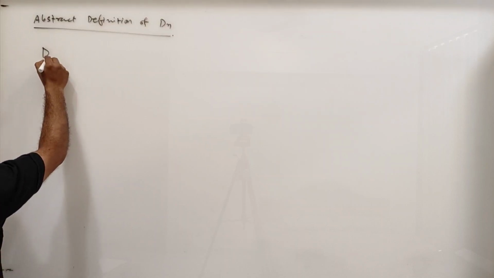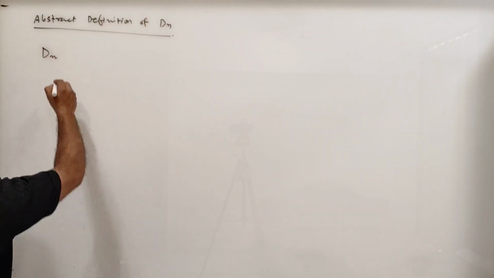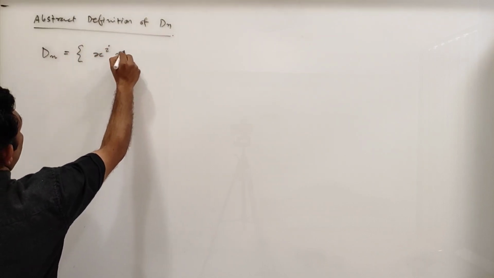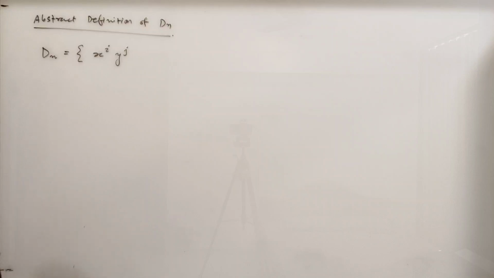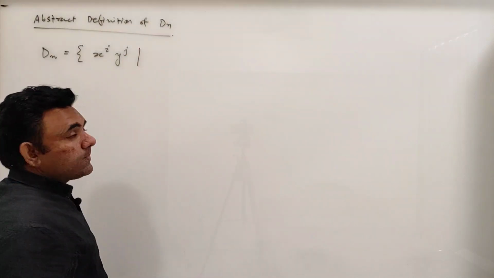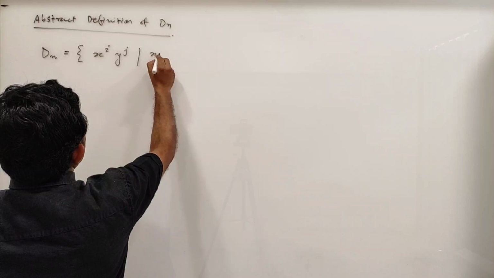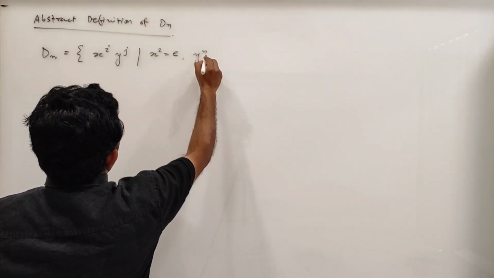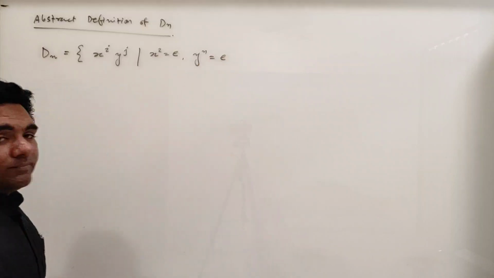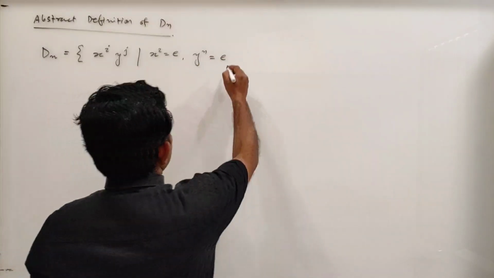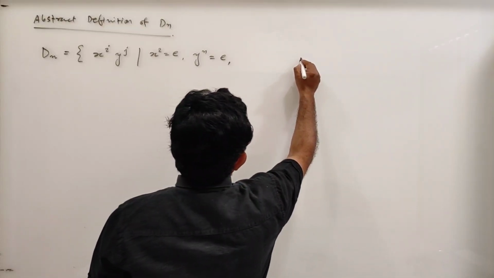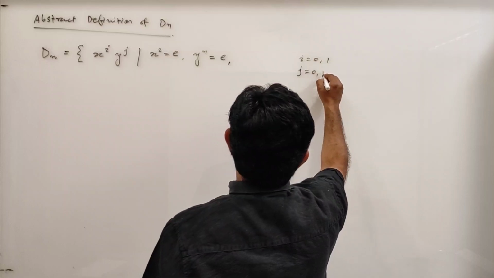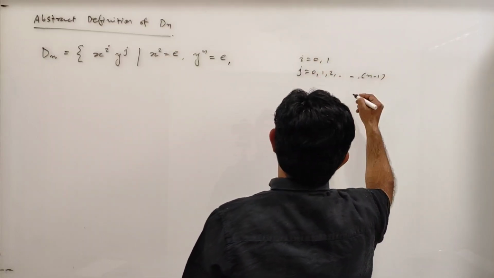So Dn is equal to what? It is like x raised to i, y raised to j, where x square is identity, y raised to n is identity, and where i varies from 0, 1 and j varies from 0, 1 up to n minus 1.